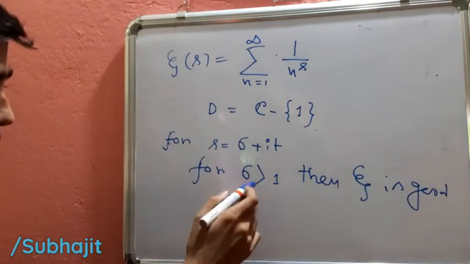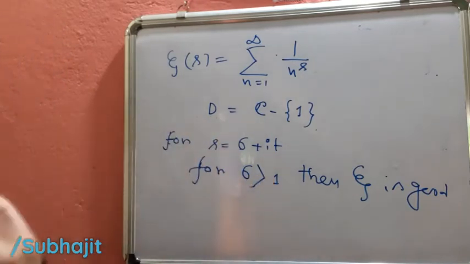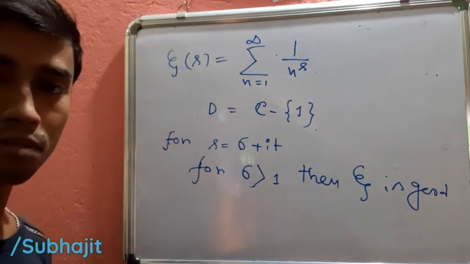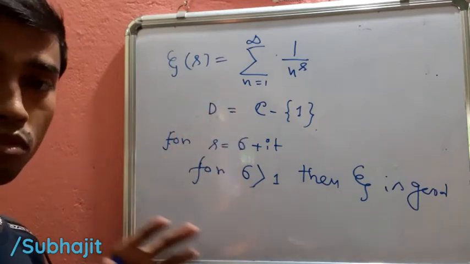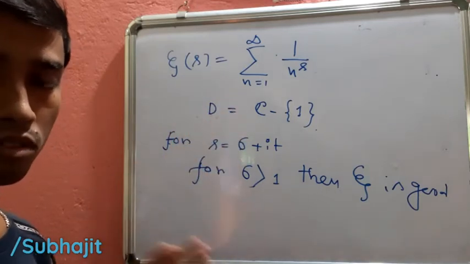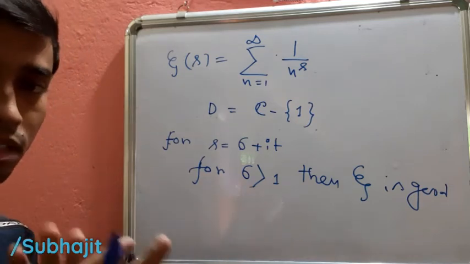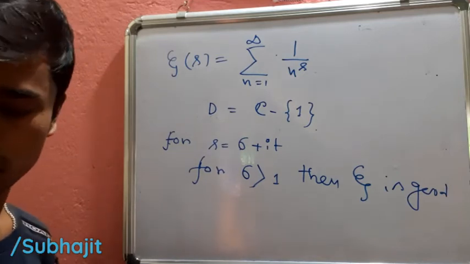But for sigma less than or equal to 1, the function is not that well defined. So Riemann gave a definition and extended this function, which is called the analytic continuation, over the whole complex field. That function is pretty complex, so I'm not going over that. I'm just giving you some introduction to what this is.